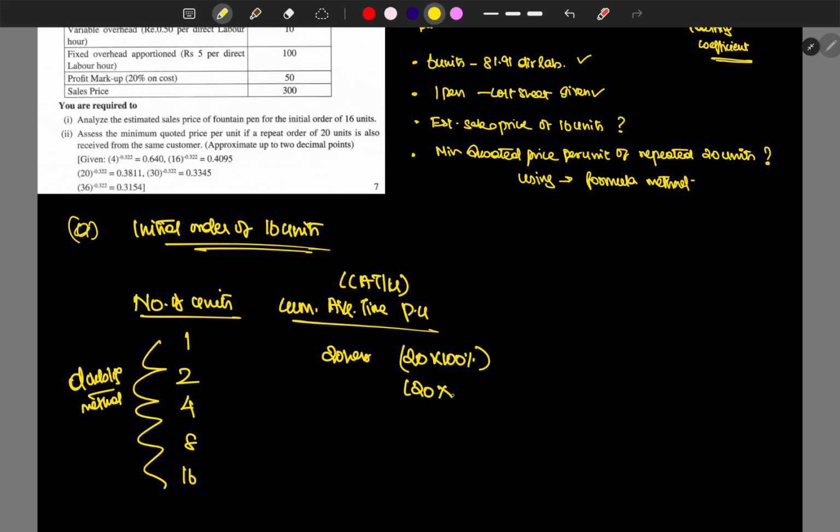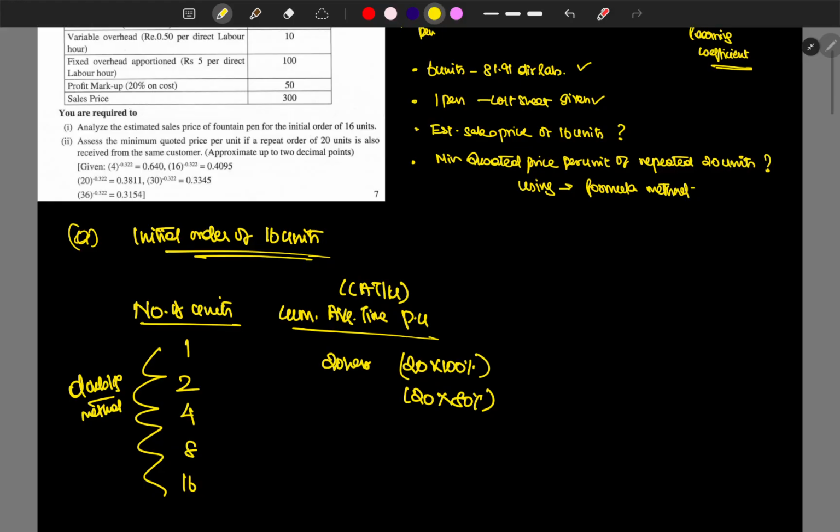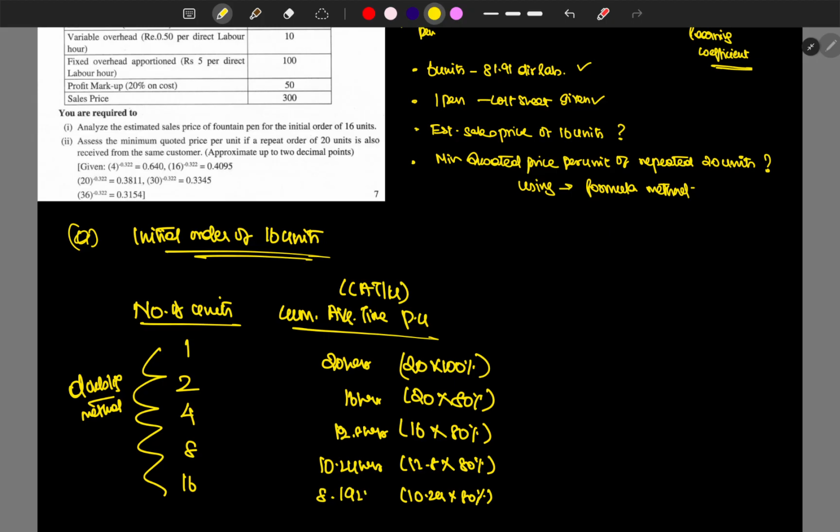Then for the second unit, the learning effect is 80 percent, so 20 into 80 percent is 16 hours. For 4 units, 16 hours into 80 percent, which is 12.8 hours. Then 12.8 hours into 80 percent is 10.24 hours. 10.24 into 80 percent is 8.192 hours.